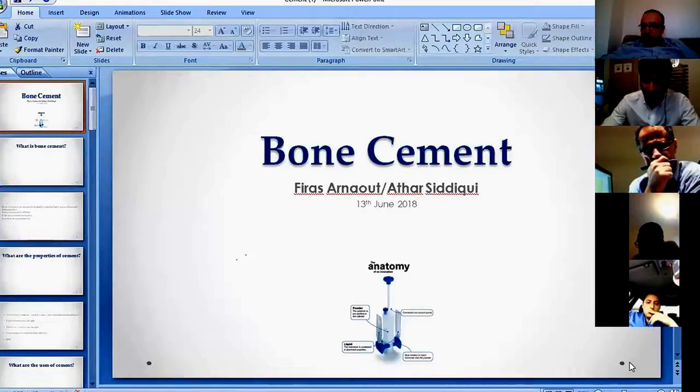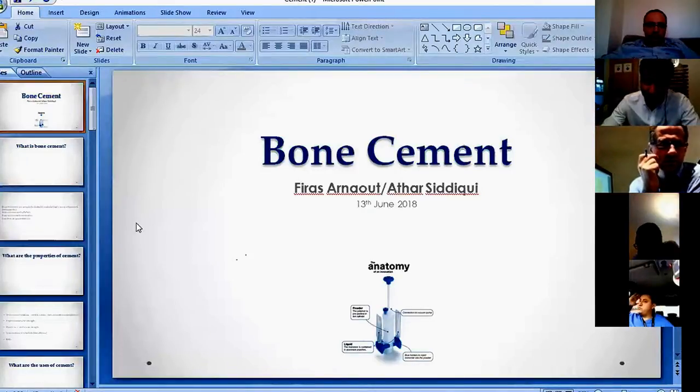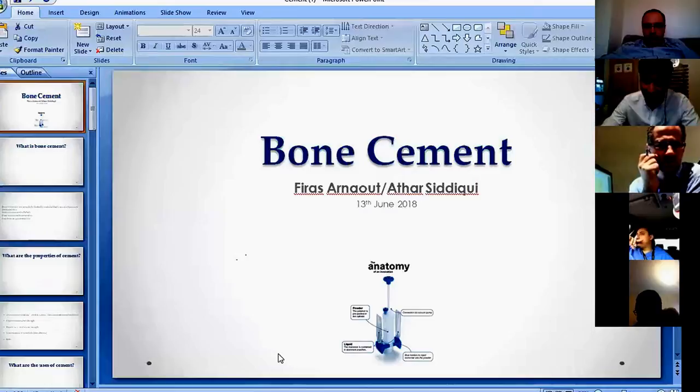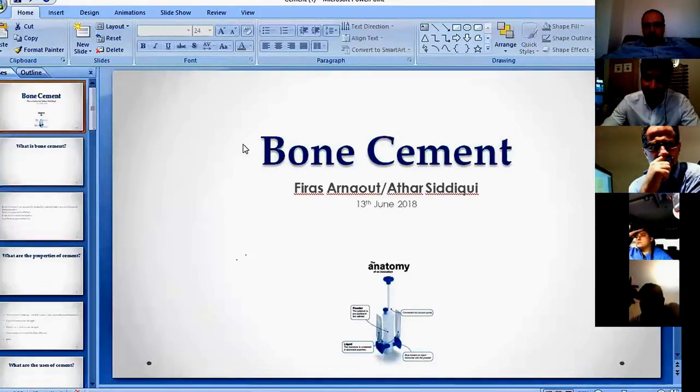The mechanical properties include poor tensile strength, moderate shear strength, and strongest in compression. It is brittle, it is notch sensitive, and has a Young's modulus between cortical and cancellous bone. It has viscoelastic properties, which makes it undergo creep, stress relaxation, and exhibit hysteresis.